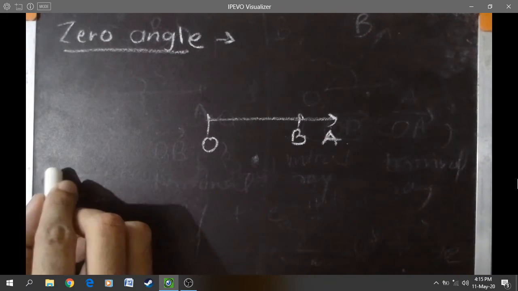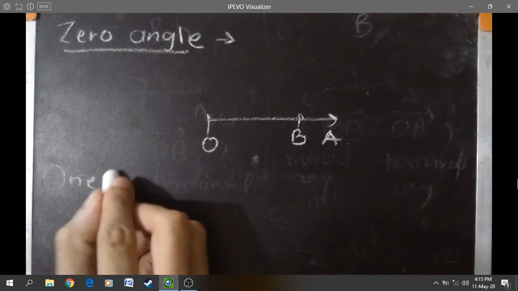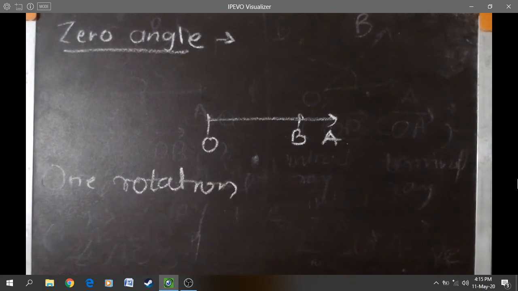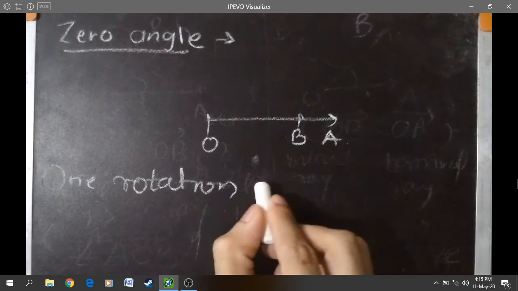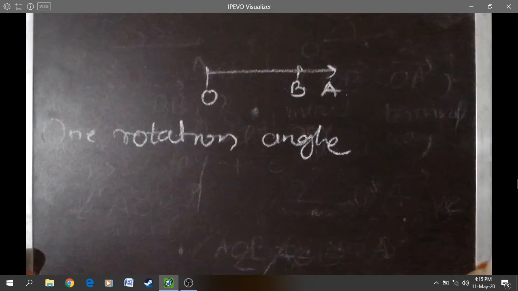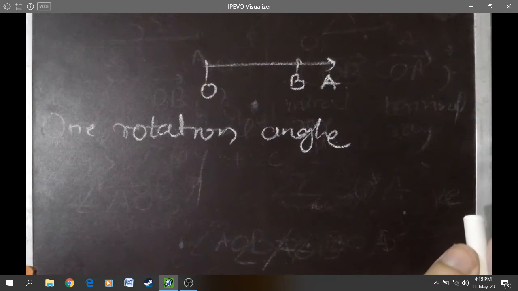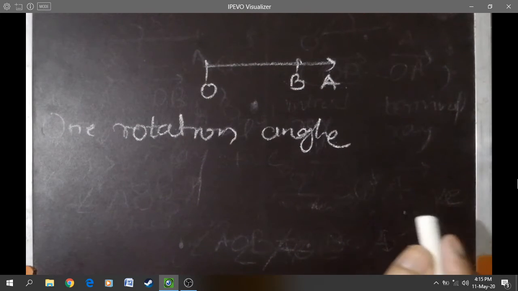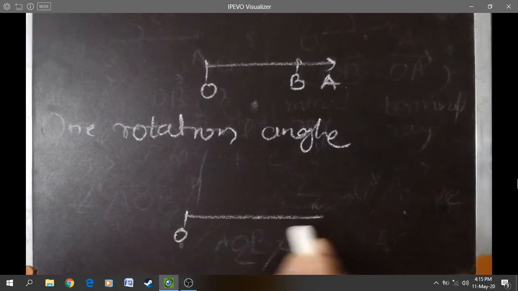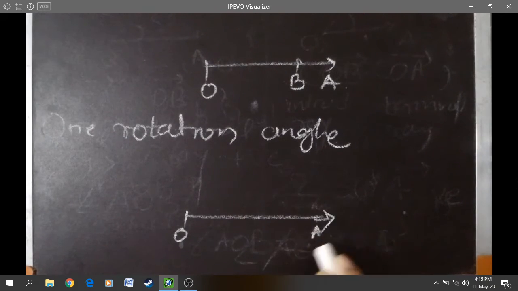Okay. Then one rotation angle. As its name suggests, there should be one complete rotation. OA is our first ray, right? And OB, where should the OB ray be?